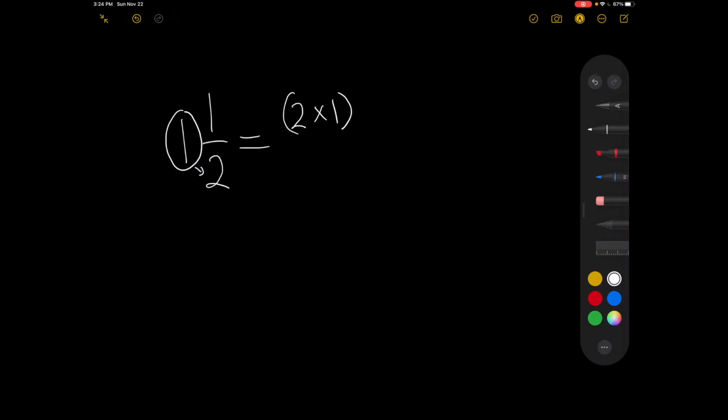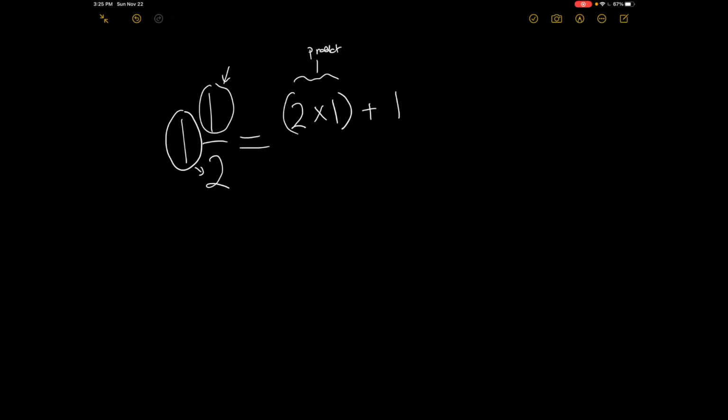Then we take this product and add it to the existing numerator, which is 1, and we put the total over the original denominator, which is 2.